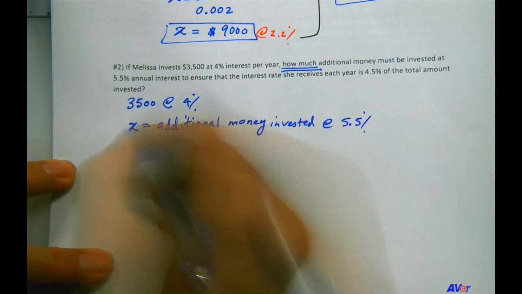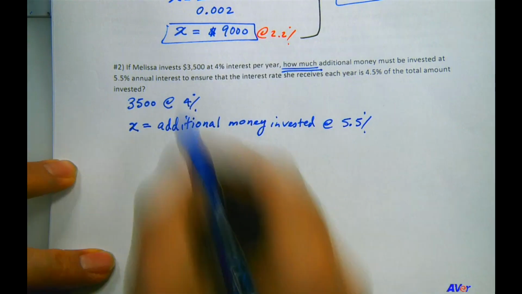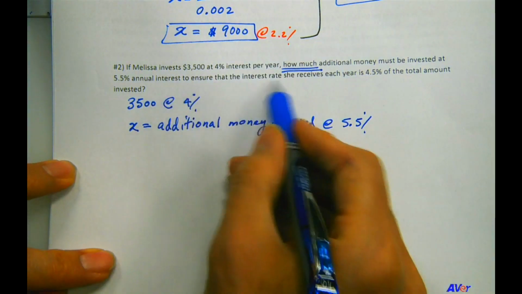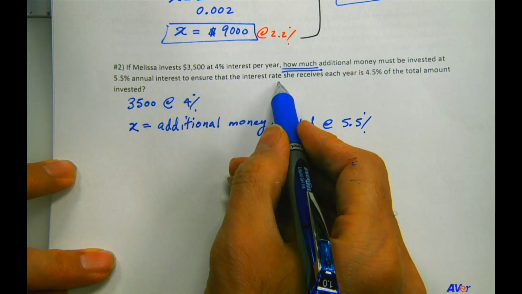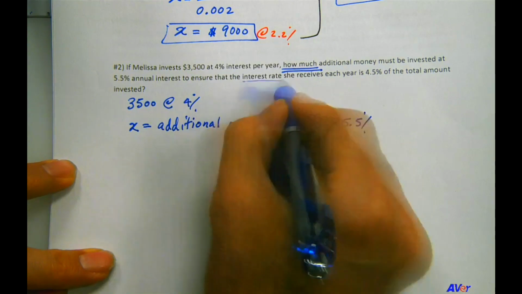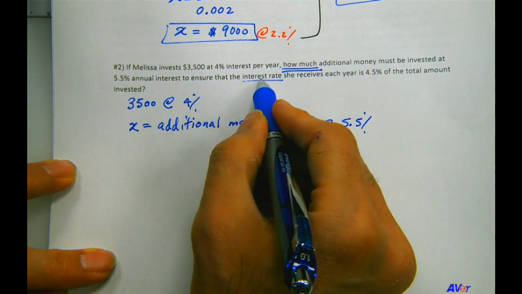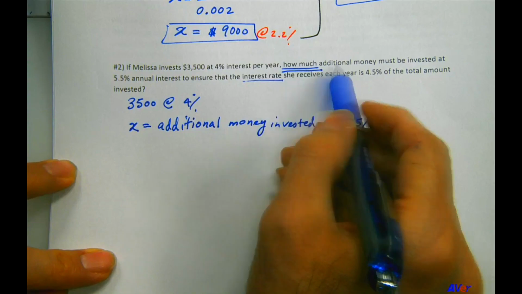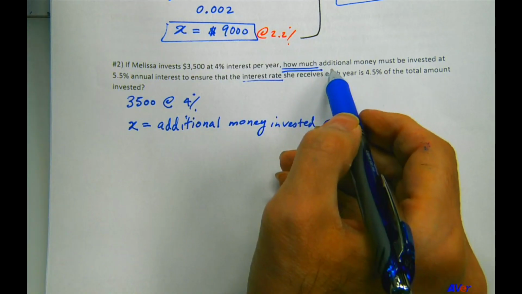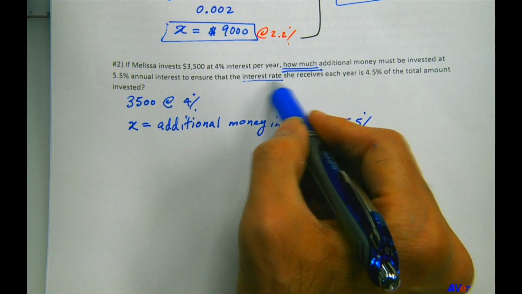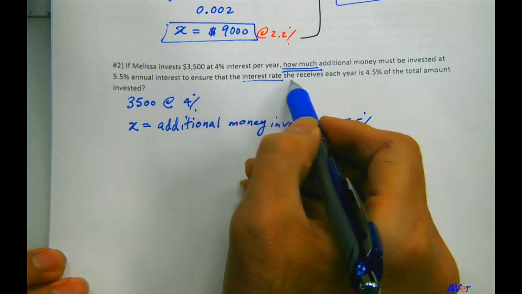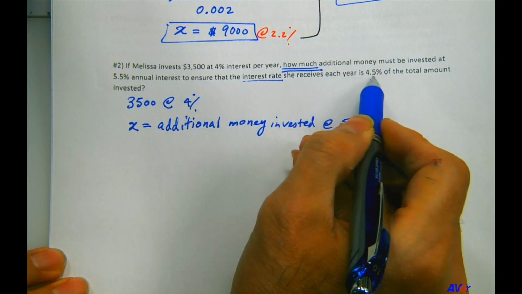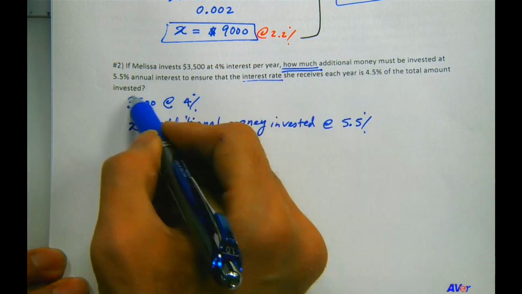Okay, so that is X, that additional money. To ensure that the interest rate, that's very important. Now they're talking about interest rate. So they were talking about how much money should be invested. Now they switch to the interest rate. So to ensure that the interest rate she receives each year is 4.5% of the total amount invested.